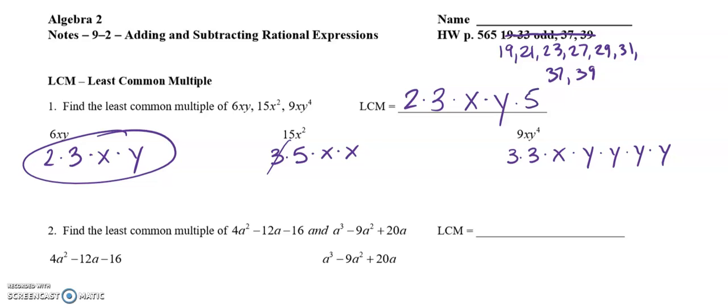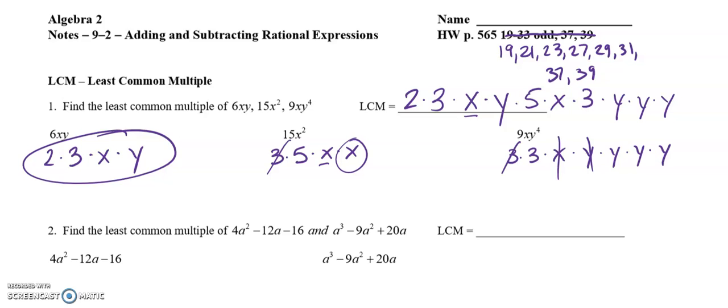But I don't have a 5, so I need one of those. I already have one x here, so then I need one more x. And then when I get to the 9, I already have one 3, but I need another 3. I already have an x. I already have one y, but I'm going to need 1, 2, 3 more y's.